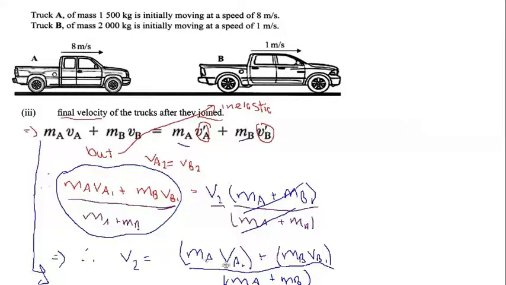This right here is just the initial momentum of object A, and this right here is the initial momentum of object B, which we already know the values for. What was the initial momentum of object A?